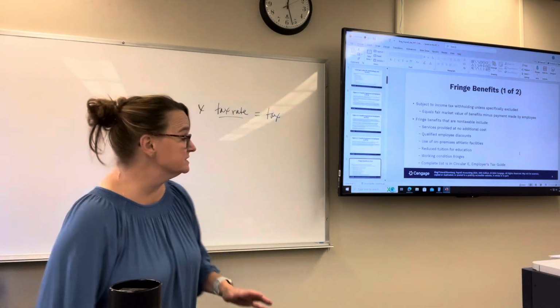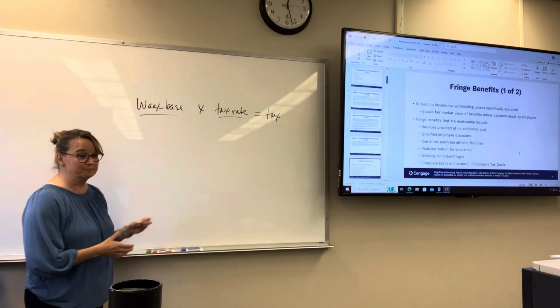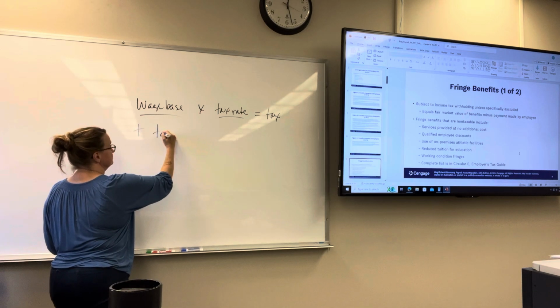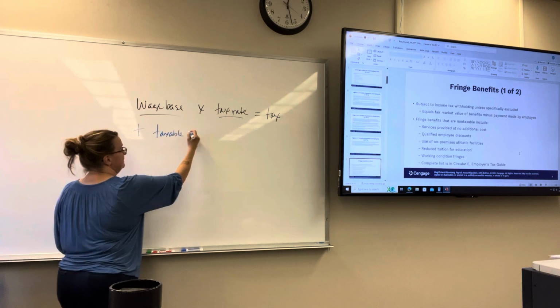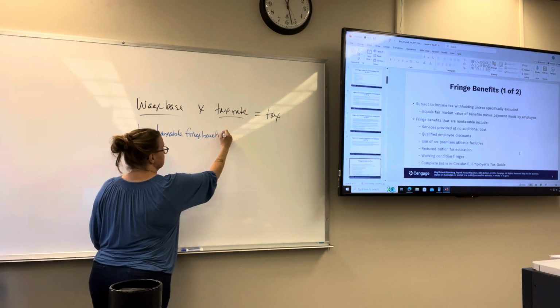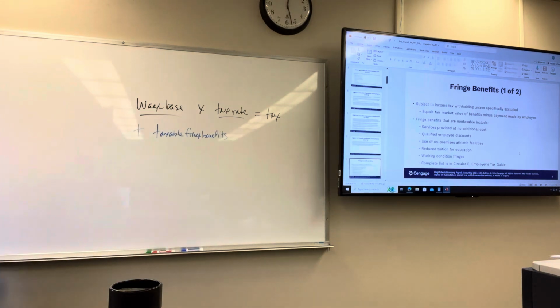That's important because if we think about it, for our wage base, if they're taxable, then we're going to have to add any taxable fringe benefits. So that's going to increase our wage base.